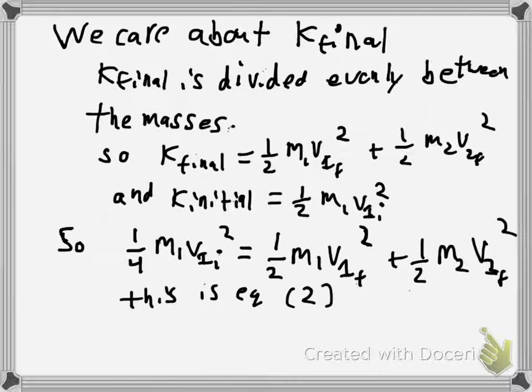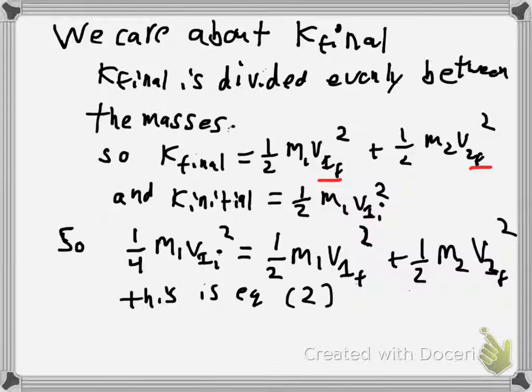Because we care about K final, since we're trying to find the velocity of block 1 after the collision, K final is 1/2 the masses times their final velocities squared. Pay attention to the notation, V1F and V2F.